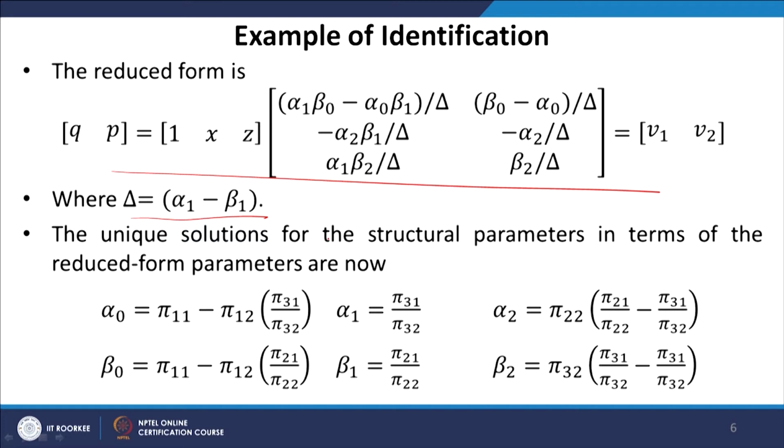So, we can see that we have values of alpha naught, alpha 1, alpha 2, beta naught, beta 1, beta 2, all derived in terms of the reduced form parameters. And we now have 6 reduced form parameters, 1, 2, 3, 4, 5, 6. So, this is how the system becomes just identified.